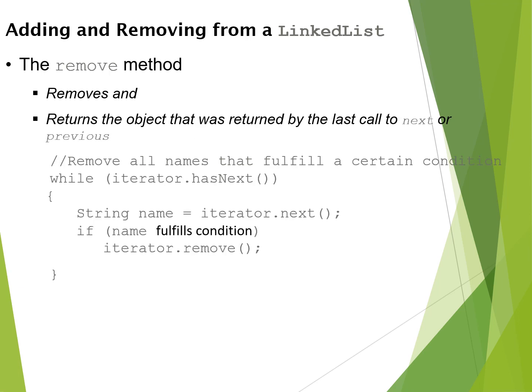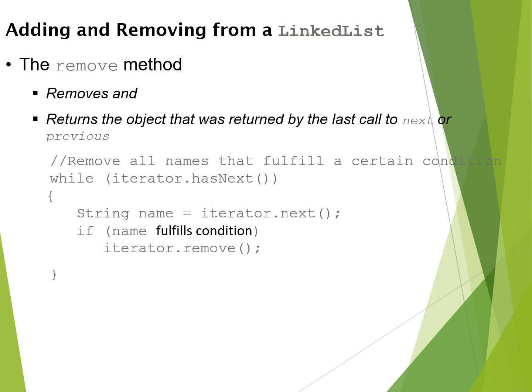So let's see how to remove an element in a linked list using the remove method of the list iterator. In order to use the remove method, you need to call next or previous before calling the remove method. So look at this code. You have a while loop which says while iterator.hasNext is true, which means while there is a next element, do the following. First, write String name equals iterator.next.